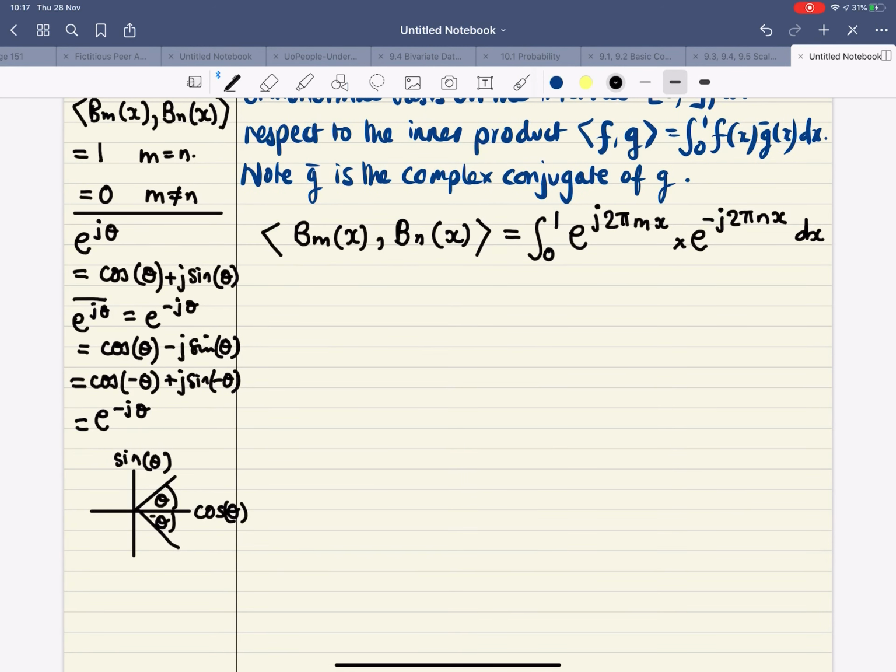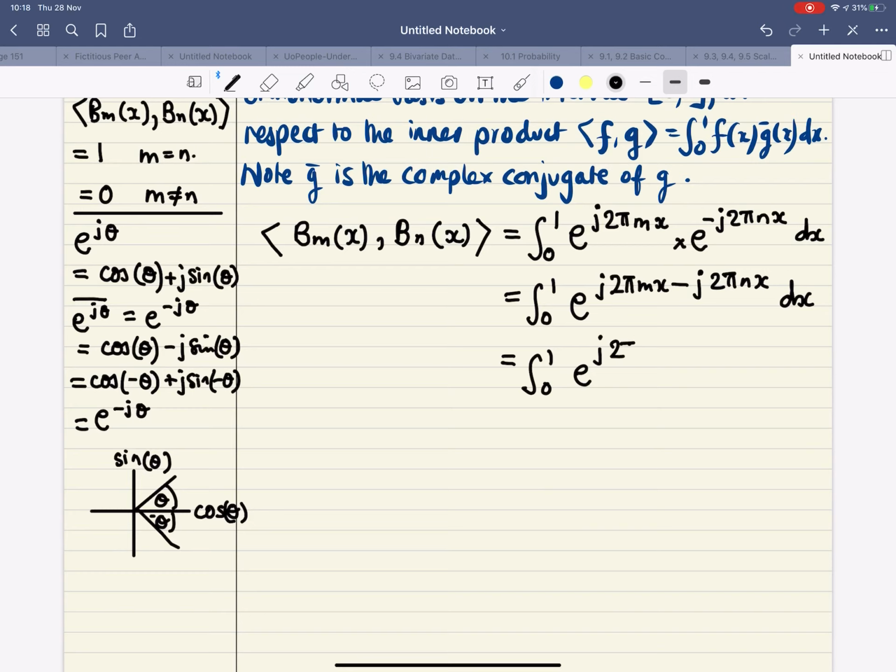Right, so let's simplify this a little bit. Always handy to simplify things. The integral of e to the j 2 pi m x, and when we multiply these together, we add the powers, because it's got the same base e, and that's a minus there, so minus j 2 pi n x dx. Now, factorise these powers.